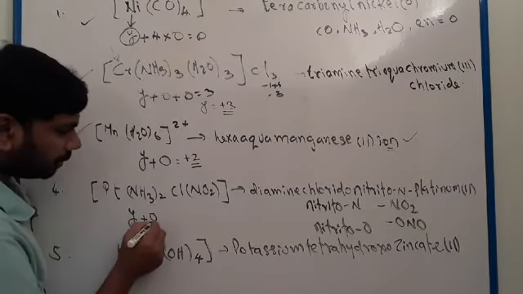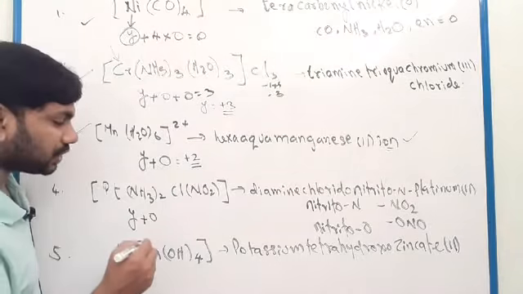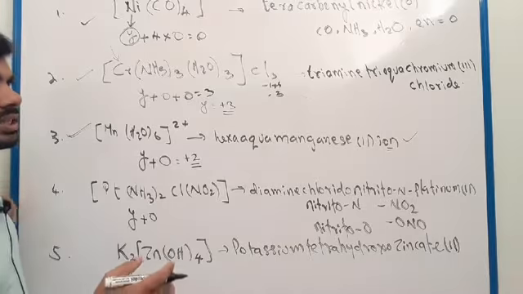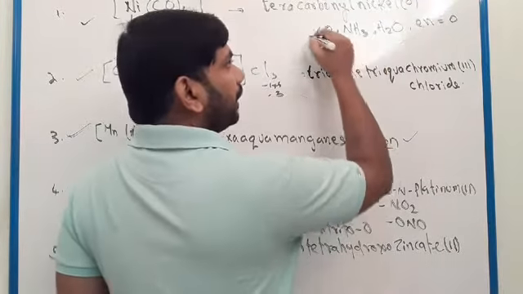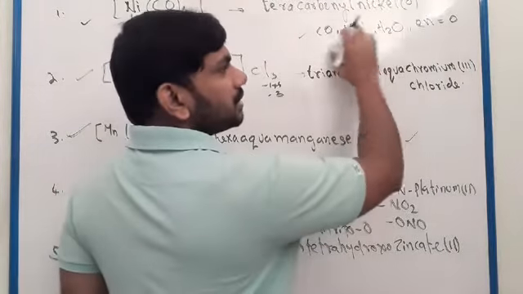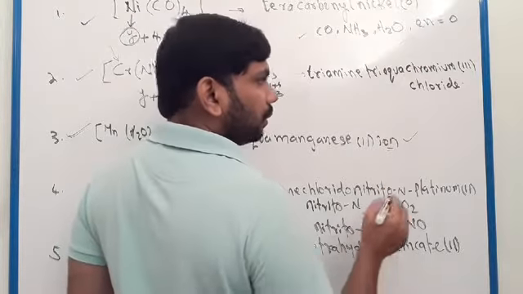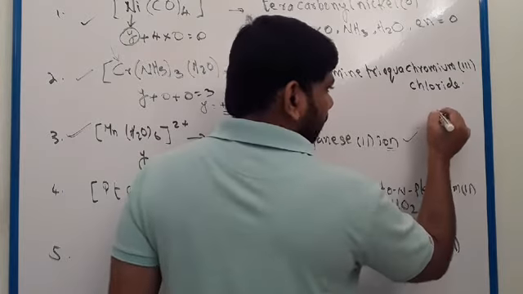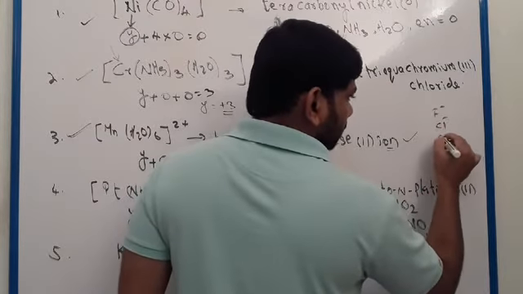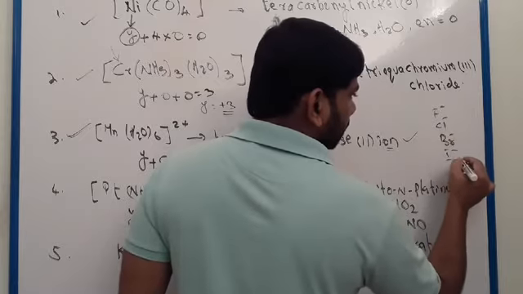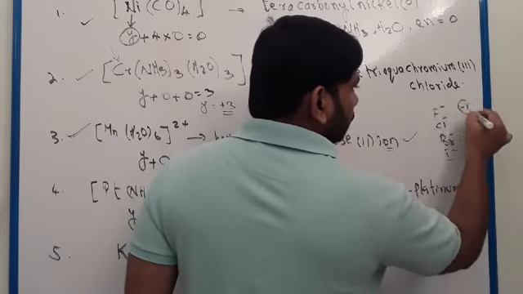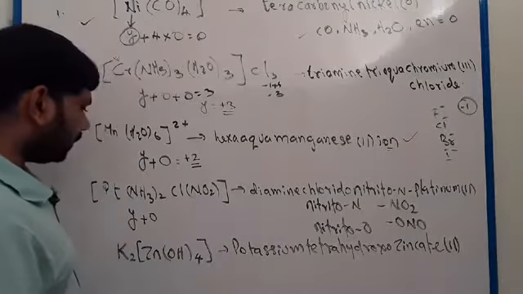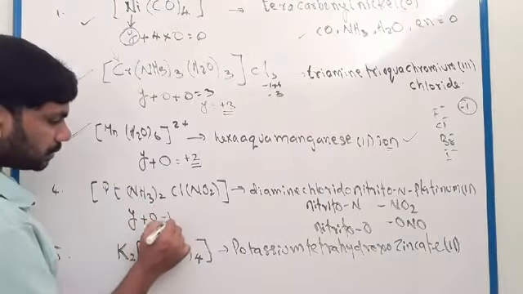ammine, it is 0. Chlorine, we know halogens: fluorine, chlorine, bromine, iodine, all these halogens have -1 charge. F minus, Cl minus, Br minus, I minus. I told you these neutral groups have charge 0.